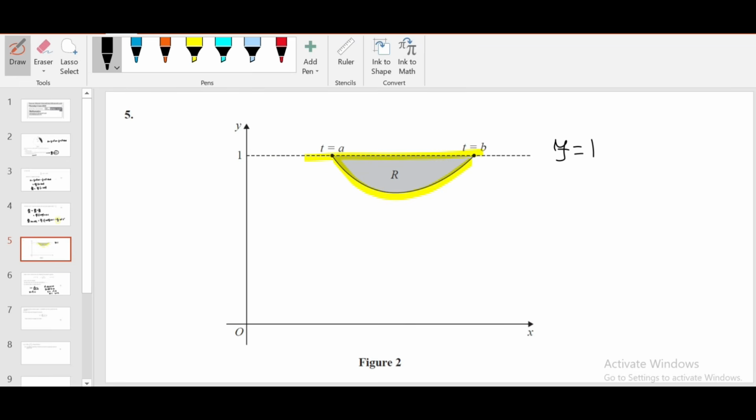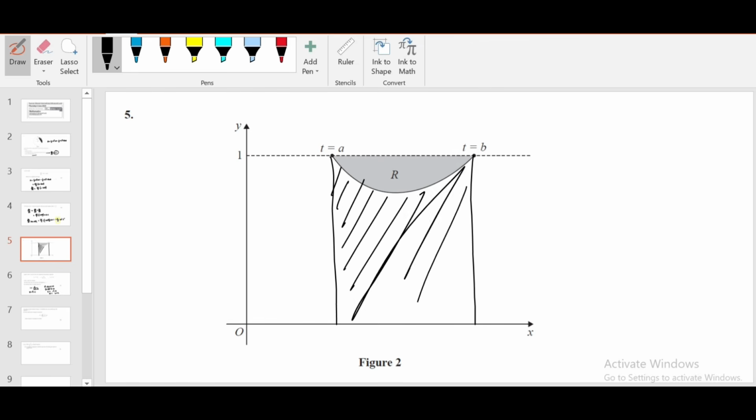How can you find this shaded area? Since you know the parametric equations of the curve, if you integrate the curve from A to B, you will get the area below the curve. And if you can find the whole area of this triangle, you can subtract them. How do we find the area of the triangle?